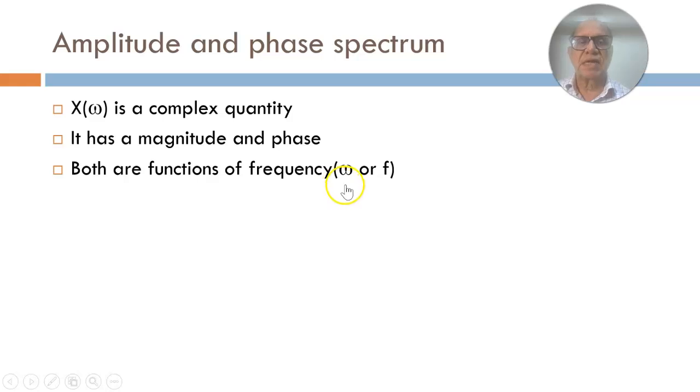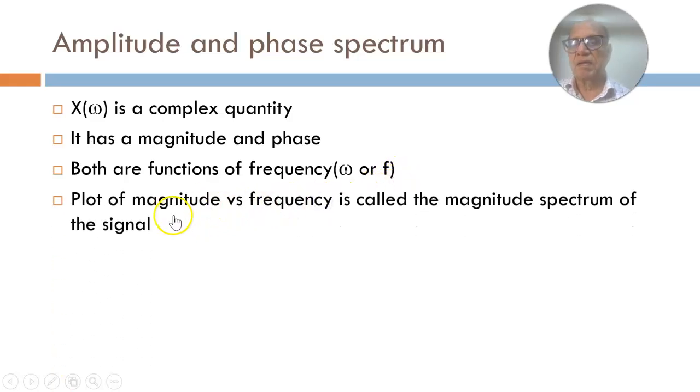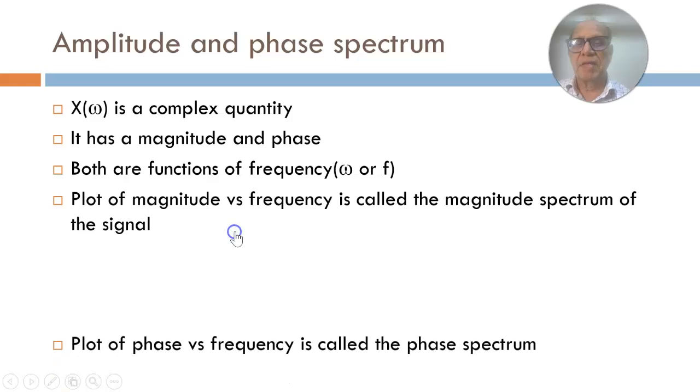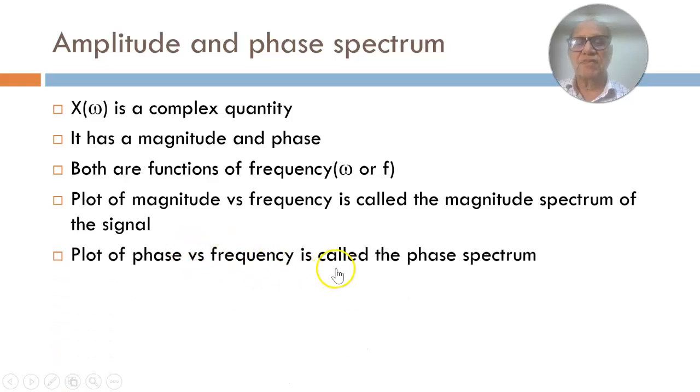They are expressed either as functions of omega or functions of f, whichever happens to be convenient for the problem to solve. Now, the plot of magnitude versus frequency is called the magnitude spectrum of the signal, and the plot of phase versus frequency is called the phase spectrum of the signal.